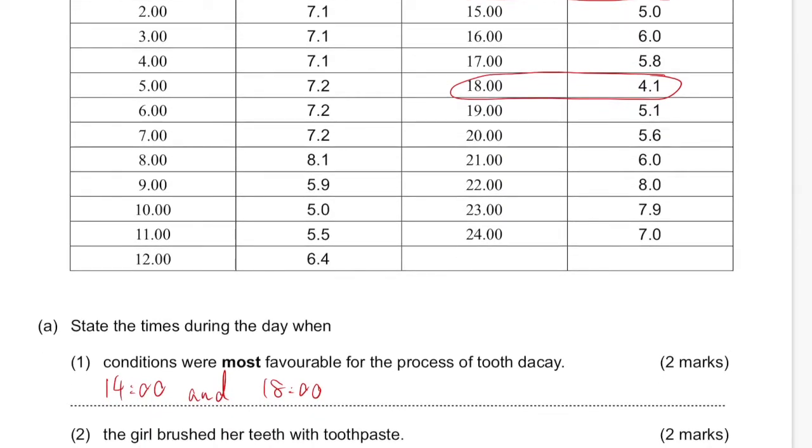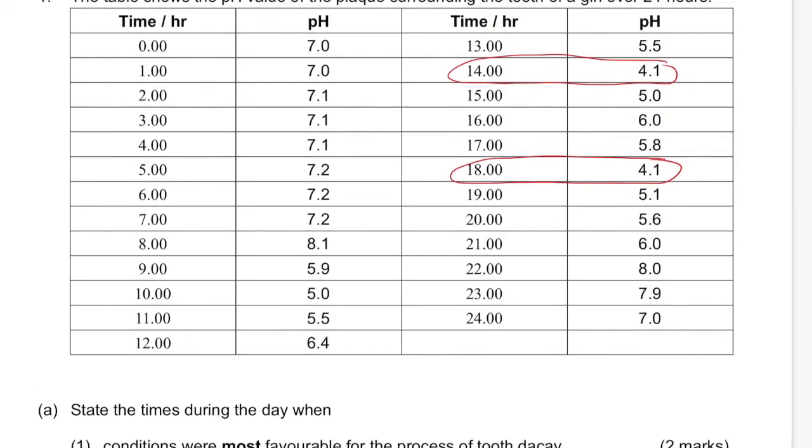The girl brushed her teeth with toothpaste. In our previous lesson, we mentioned our toothpaste is slightly alkaline to neutralize the acid. Okay, so we need to look for a time on the table that the pH just changed from acidic to alkaline.